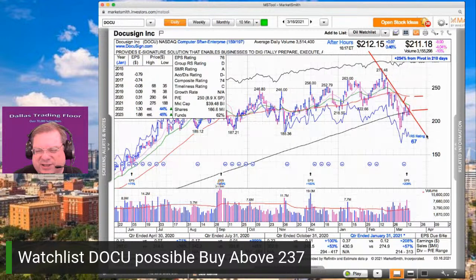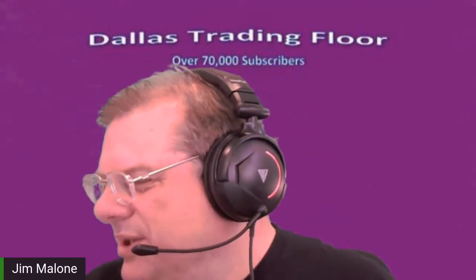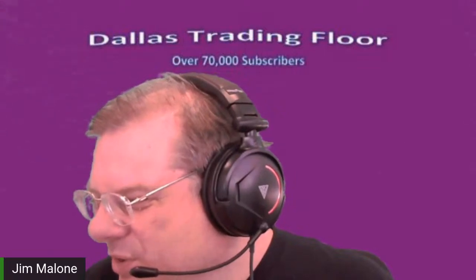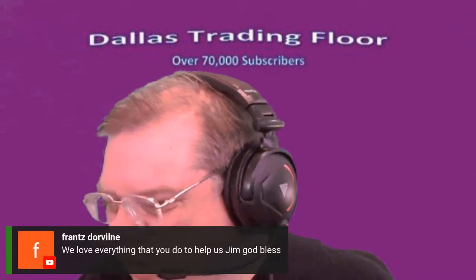It's still in a downward trend, and it might improve, it might not, but right now we want to see it move above about that 237 in order to be viable. Okay, so here we go.